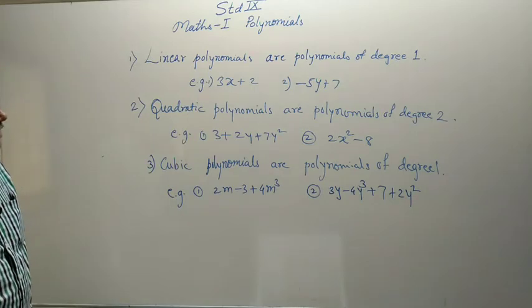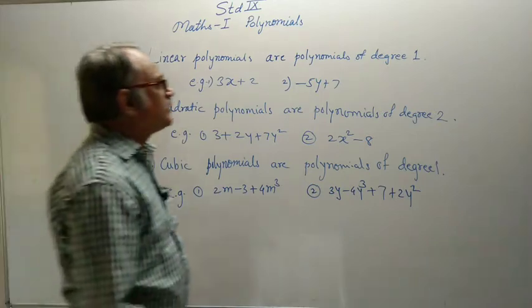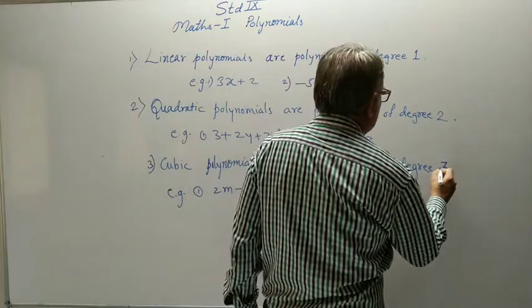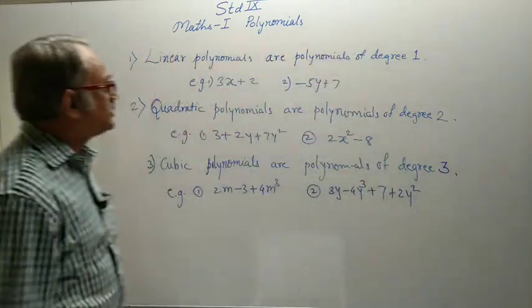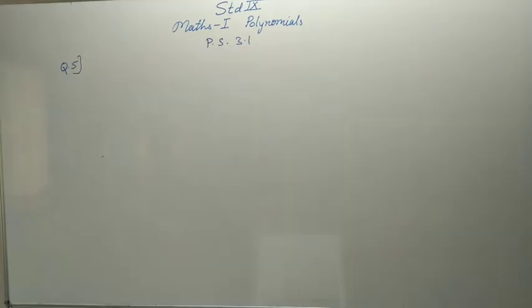So write all these 3 points neatly in your notebook before we start. Before we start the next part, this next question from 3.1. Neatly write it. Practice set 3.1, question number 5.